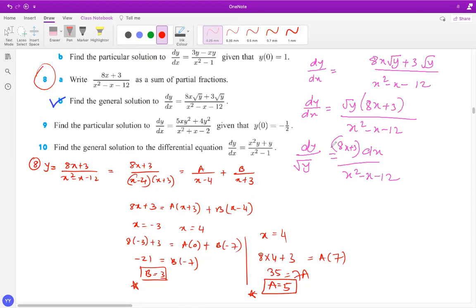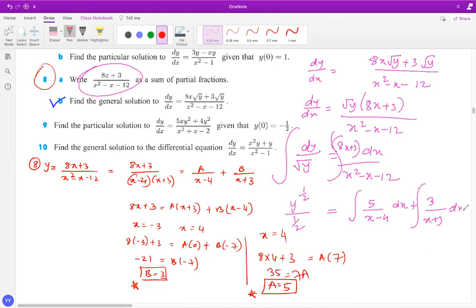Now obviously, to solve the differential equation, you integrate both sides. This part can be integrated easily, but this other part is where you have to use the partial fractions that we just wrote. So I can integrate the left as y to the power half over half, equals, on the right, a is 5 over x minus 4 plus b is 3 over x plus 3.